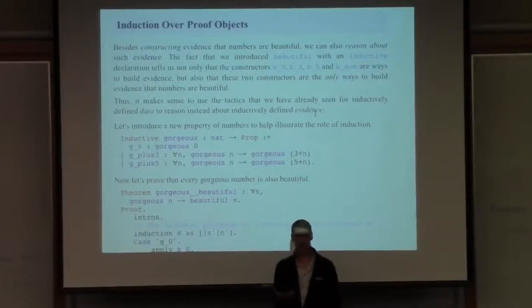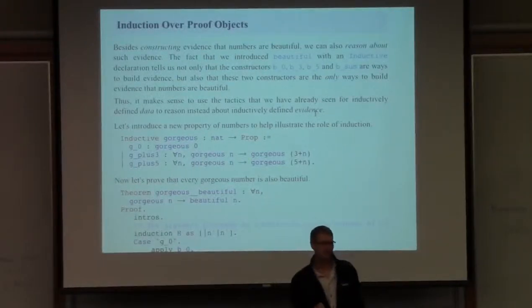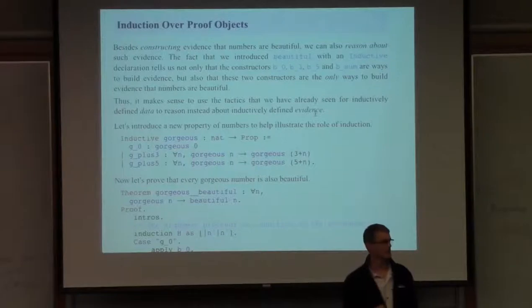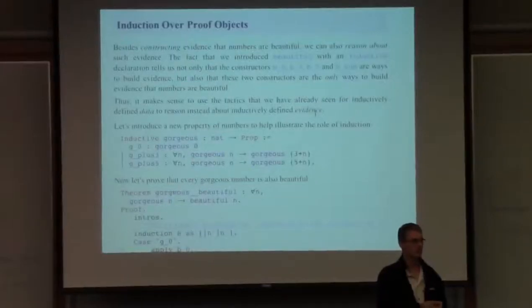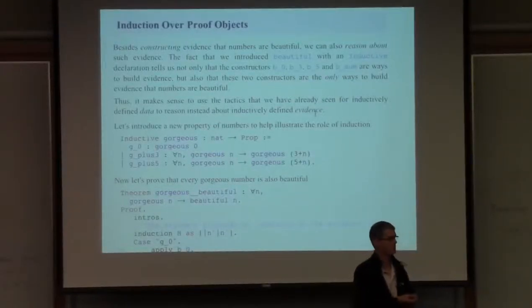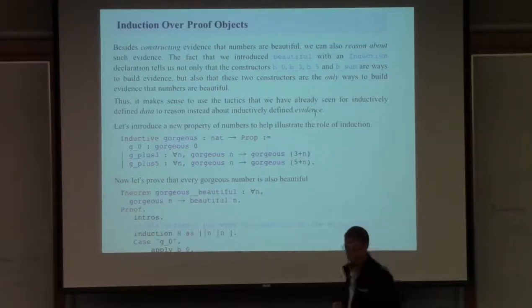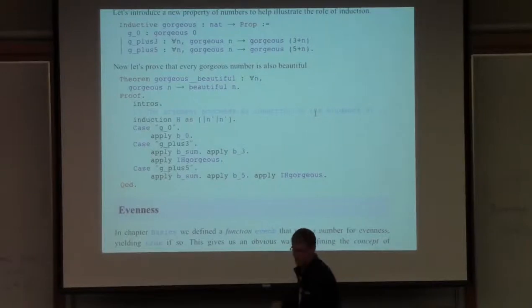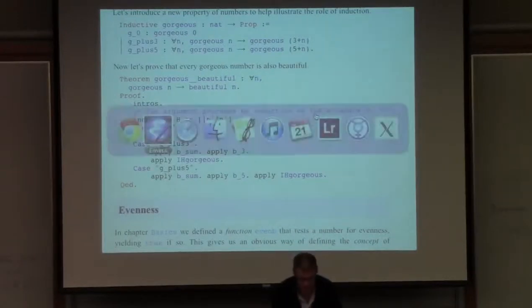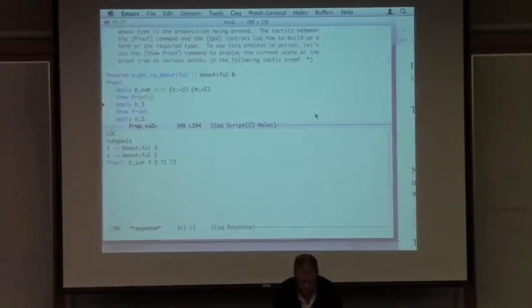How would we prove that? Well, not by induction on numbers, but rather by induction on the reason why, the evidence that a particular number is gorgeous. So, in this proof, let's quickly look at it here.